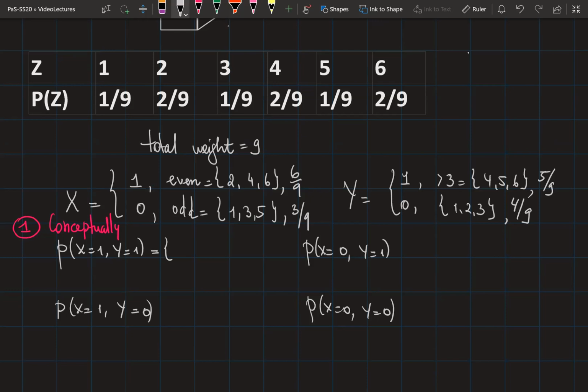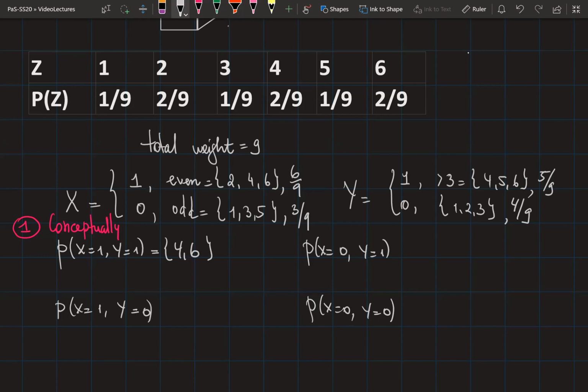How many events satisfy both of these conditions together? The output should be more than 3, because y is equal to 1, and the output should be even. So there are two outputs which satisfy these two conditions: 4 and 6. They are more than 3 and they are even numbers.